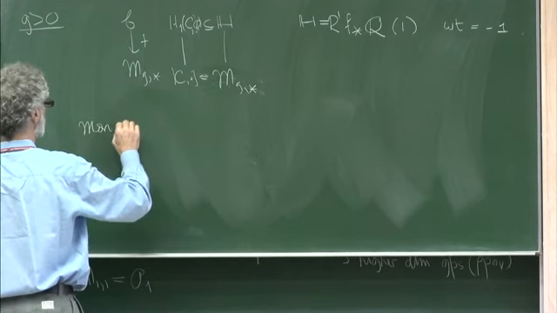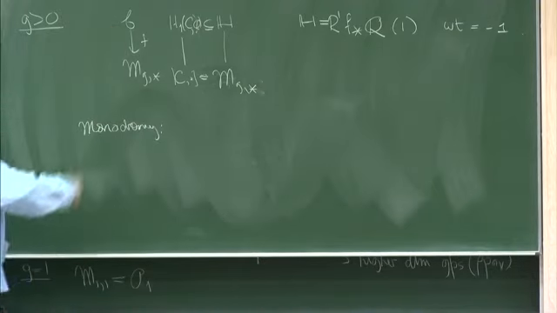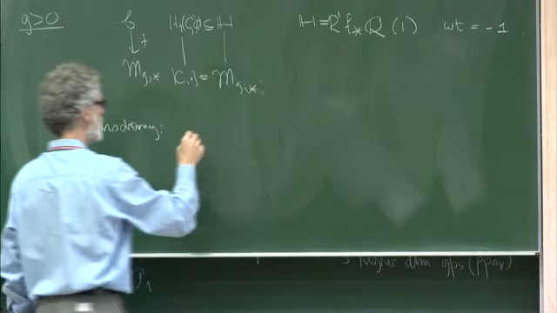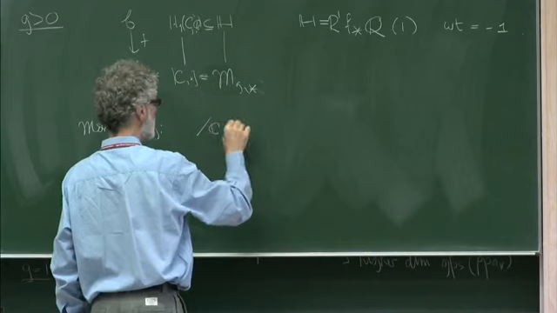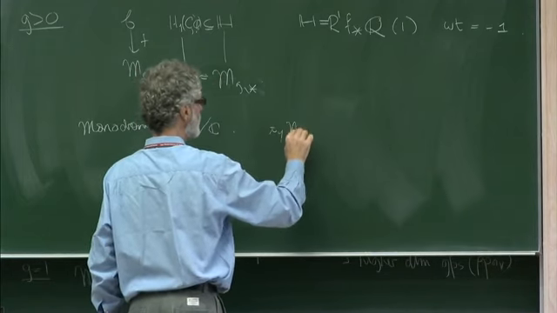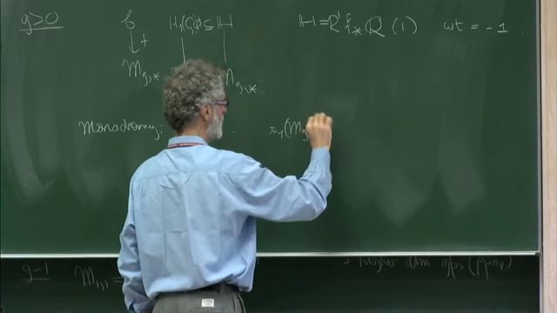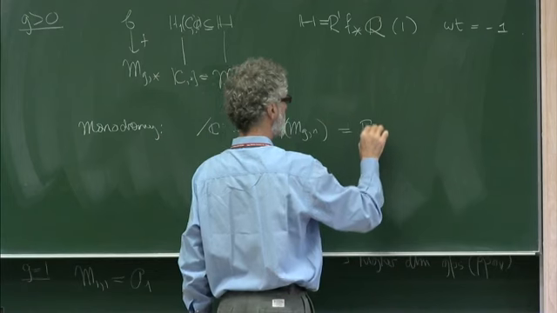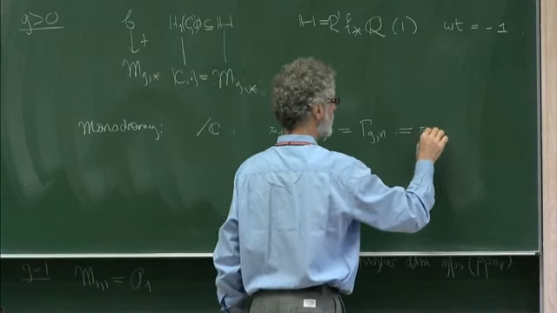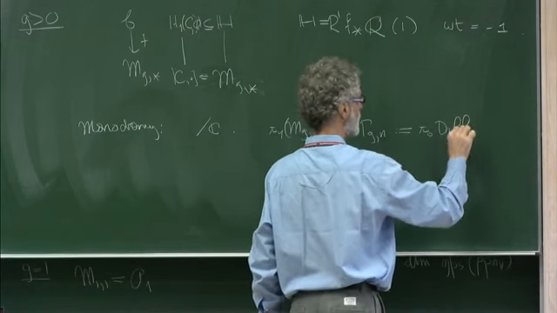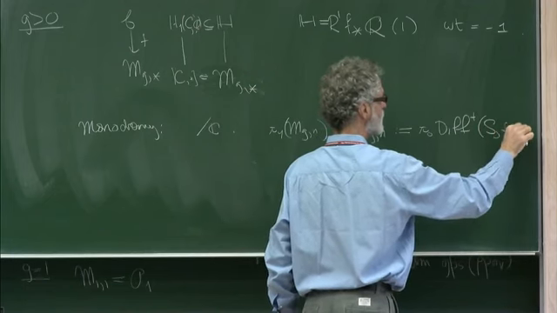There's a pi 1 of the base. Over the complex numbers, if we look at it as an orbifold, pi 1 of M_{g,n} is equal to the mapping class group Gamma_{g,n}. And this is by definition pi 0 of the orientation preserving diffeomorphisms of our reference surface that pointwise fixes the n points.